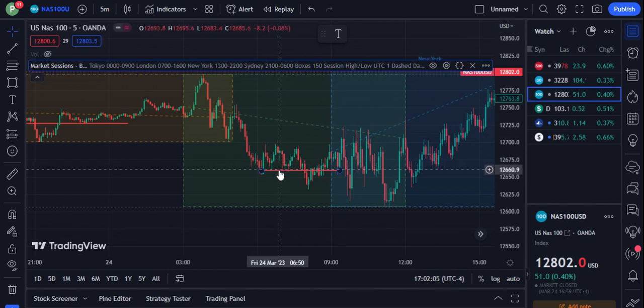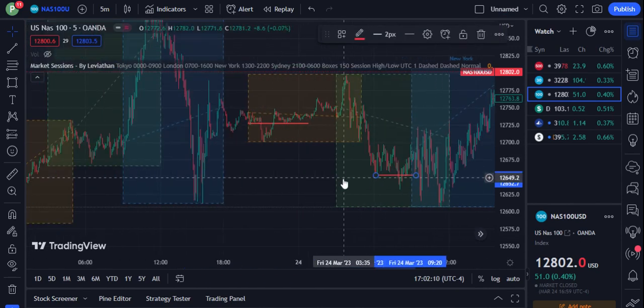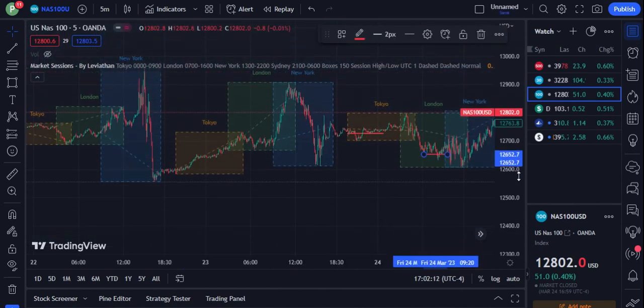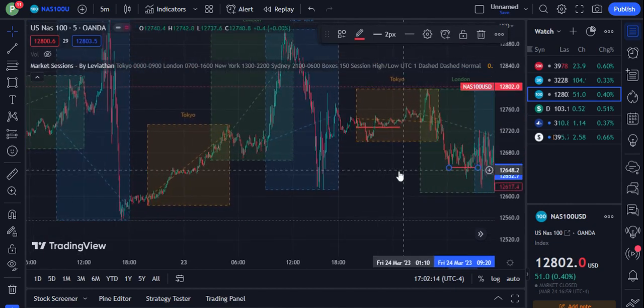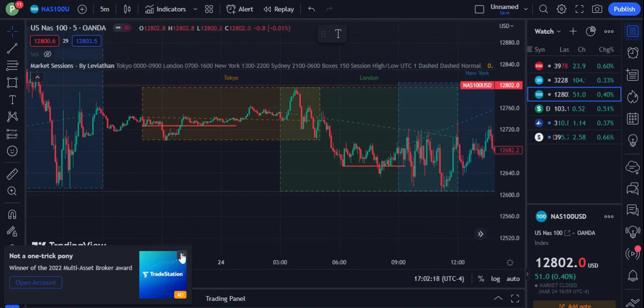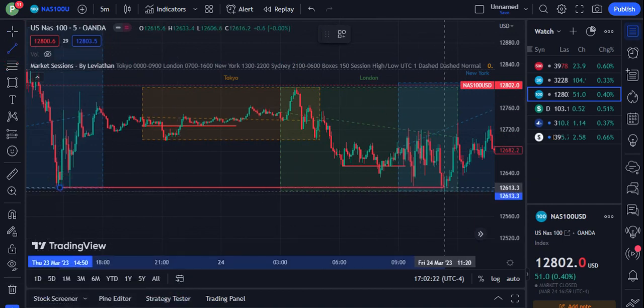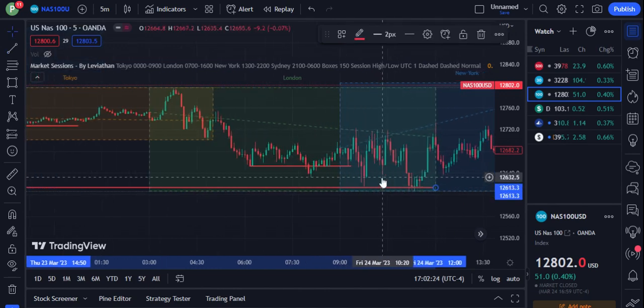Now, since we are bullish on this day, we want to look for a touch of a key level to key us into a reversal. Look right here, look at yesterday's low. We extend it out, and there we go.